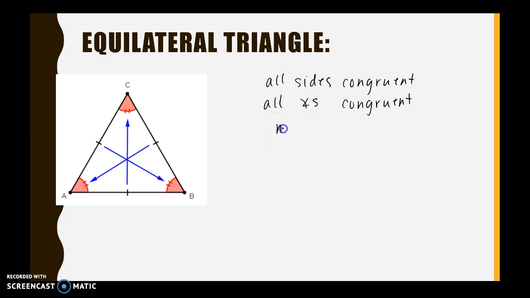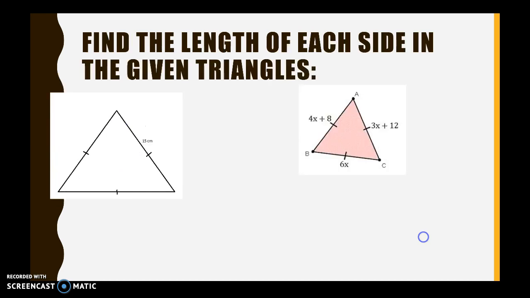And I know the measure of each angle. Okay, so if the three angle measures add up to 180 degrees, I'm going to divide that by three congruent angles. The measure of each angle is 60 degrees. Okay, so we're going to continue to use these pieces of information, so make sure that when you have an equilateral triangle, you're aware that all three of these things are true.